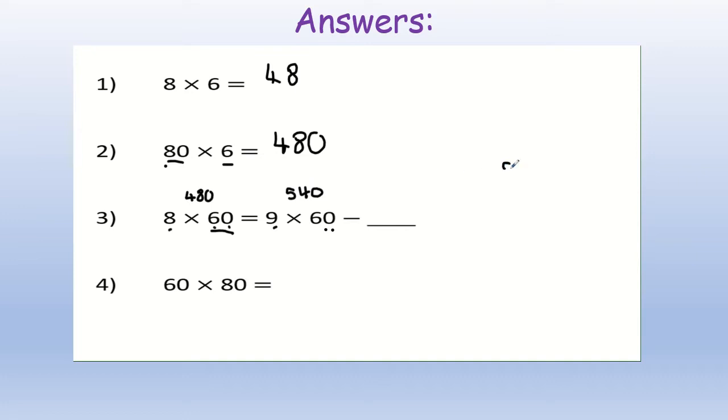Let's work it out. We'll find the difference. 0, 0. 4 take away 8, I can't do. 14 take away 8 is 6. 4 take away 4. So there should be a difference of 60.